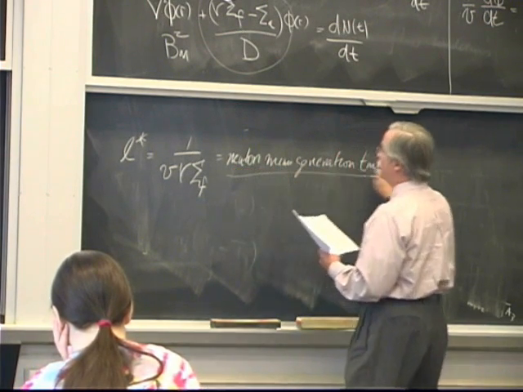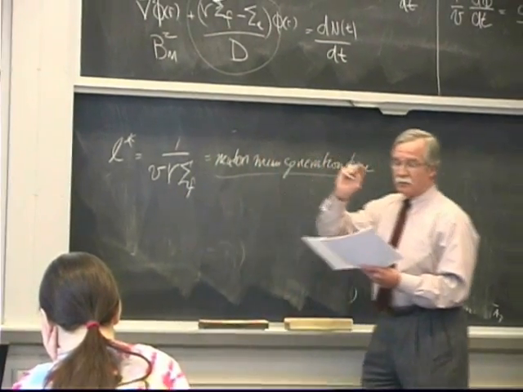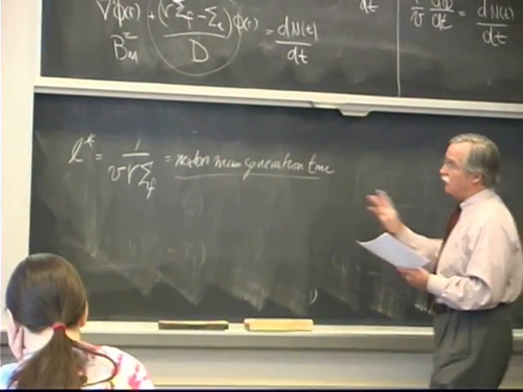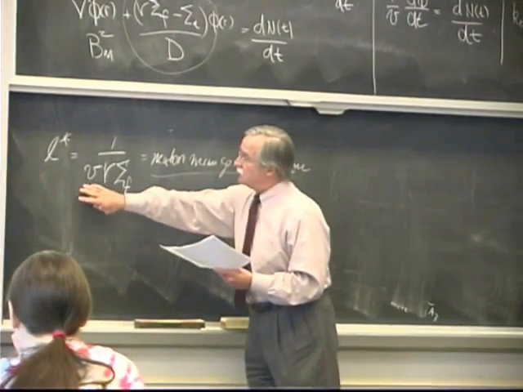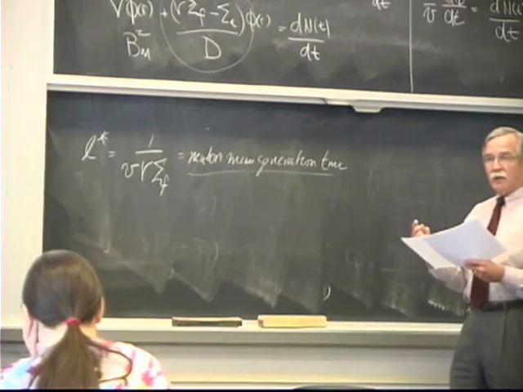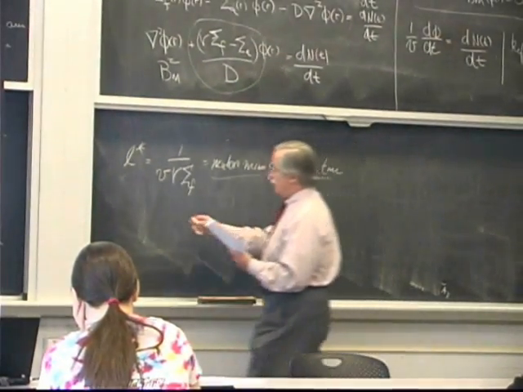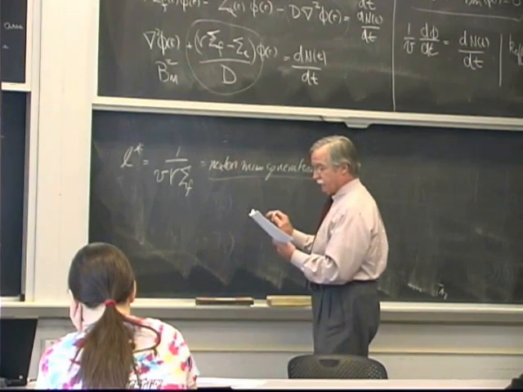And this is going to be important because depending upon this relationship, now we're only talking about one group again, this will determine how fast the reactor responds to a change in reactivity. And, well, we'll just leave it at that.